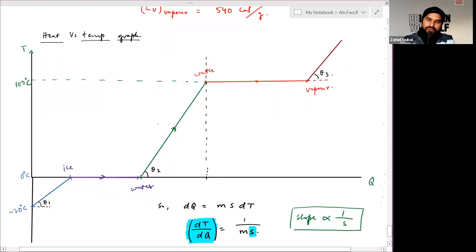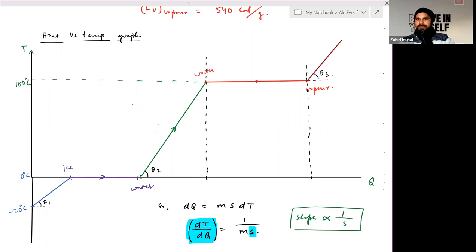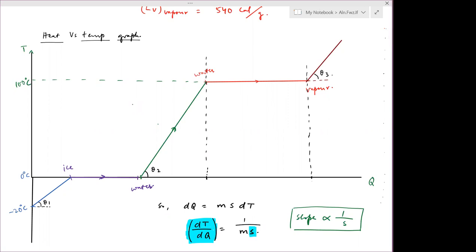It will define the heat of water at this state. And if you draw a vertical line at this point, it will define the heat of vapor at 100 degrees Celsius. So at the same temperature, the vapor has more heat compared to water in the form of latent heat of vaporization. That's why it will cause a more severe burn at the same temperature. Is it clear? Yes, sir.